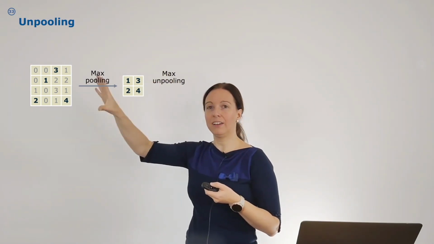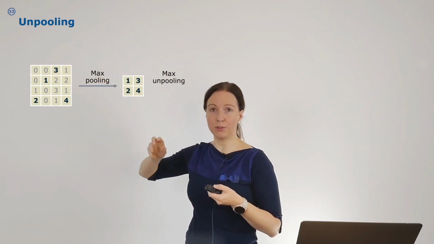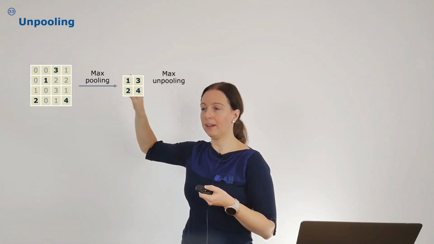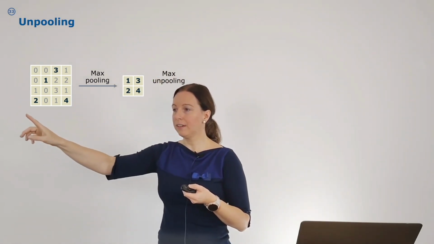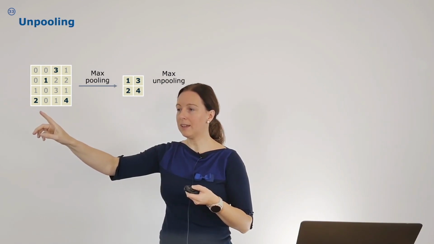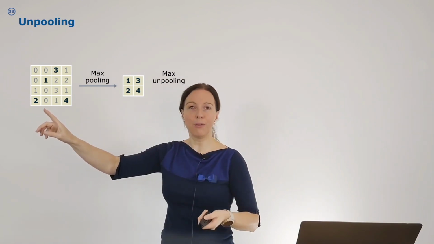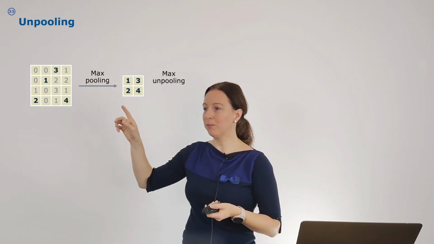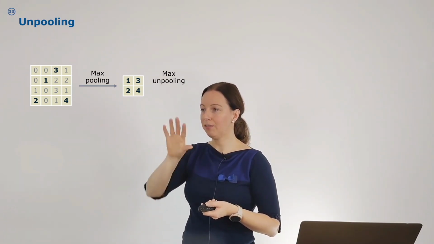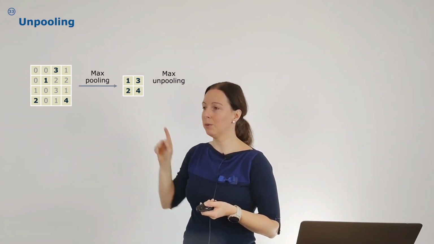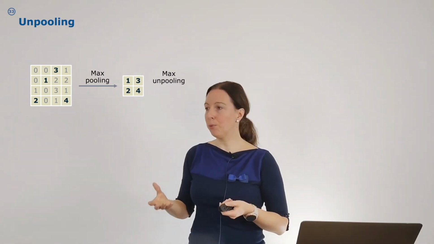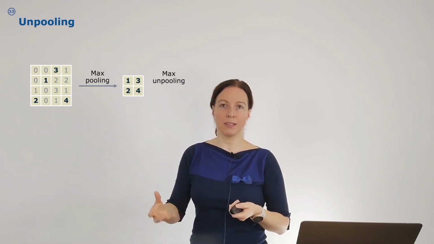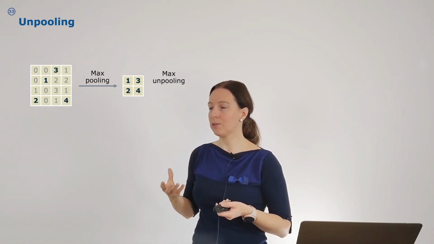Then you have a stride of 2, and the maximum value in the next part is 3, and the maximum value in the lower left corner is 2, and if you shift it again by stride 2, the maximum value is 4 here. So this is the max pooling. In this case, we have a window size of 2 times 2 and a stride of 2.